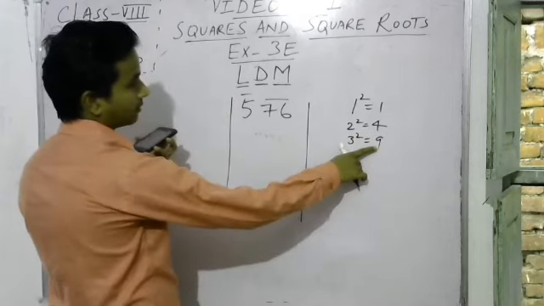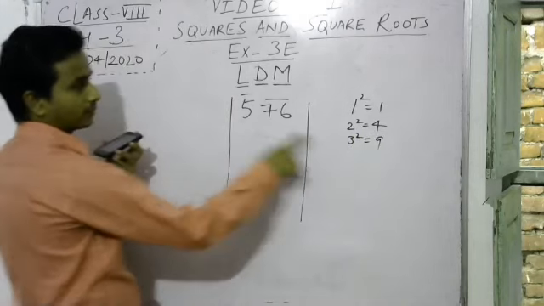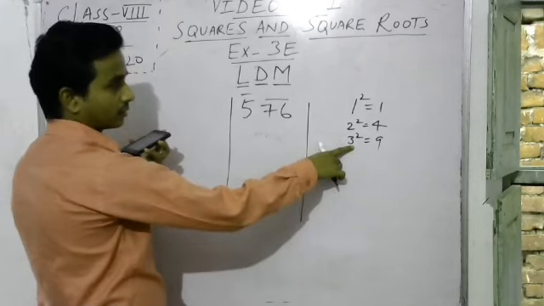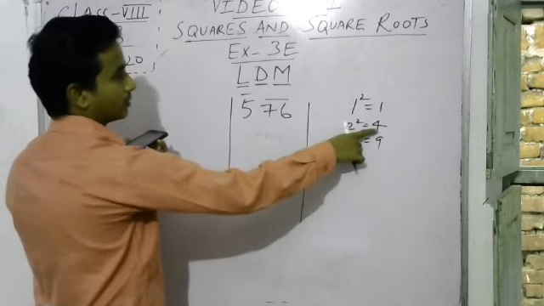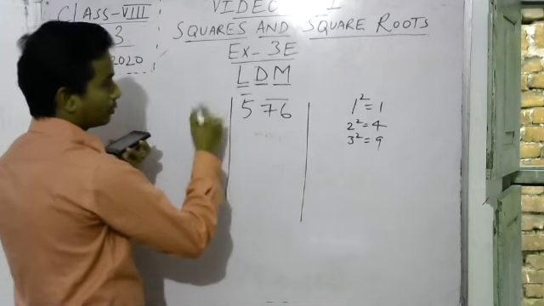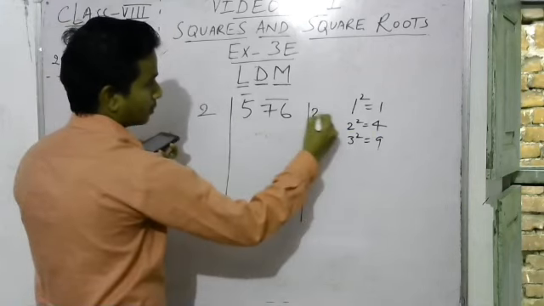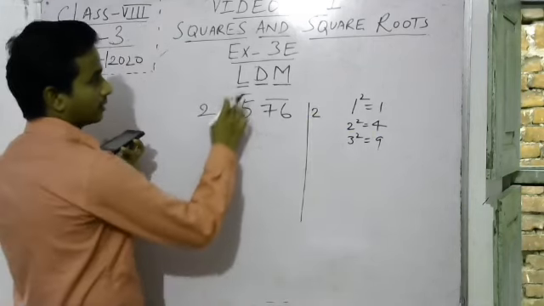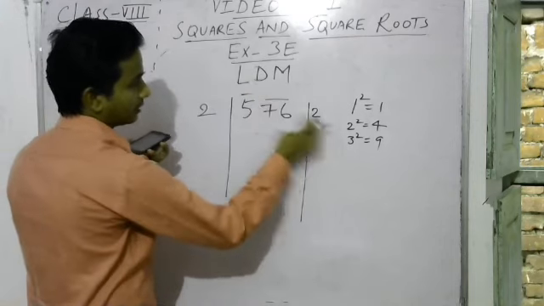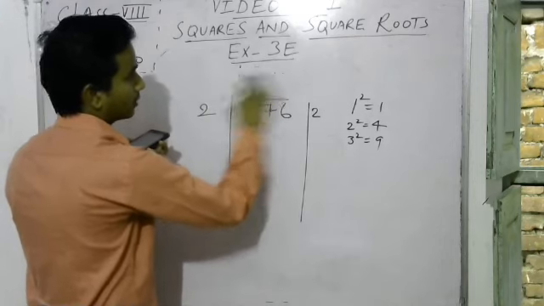So here we see that 9 is greater than 5, so we will not take 3. So what do we take? We will take 2. 2 twos are 4. You can write it here also.